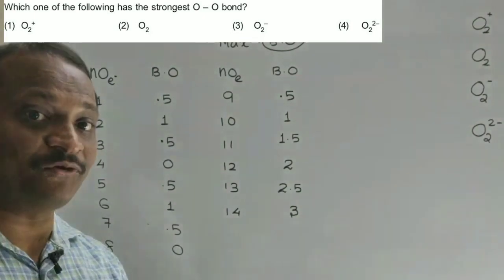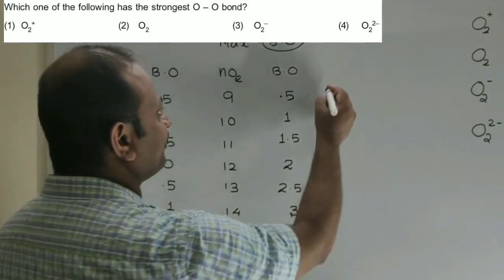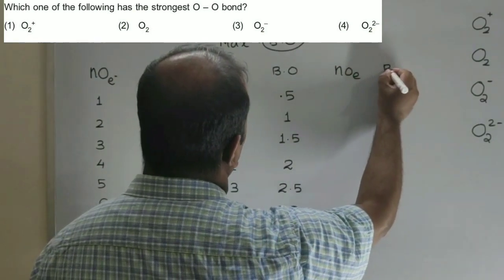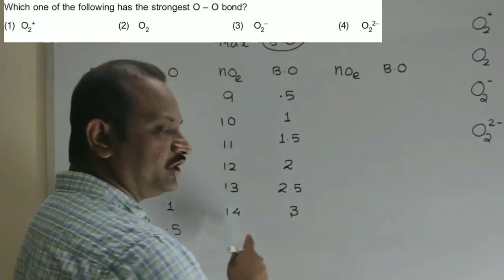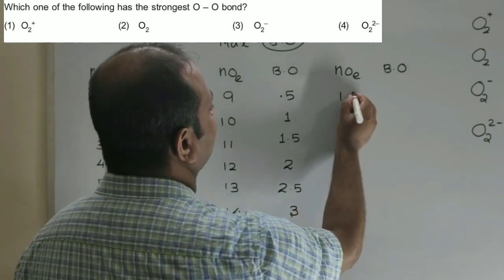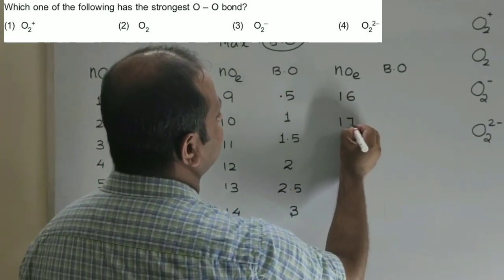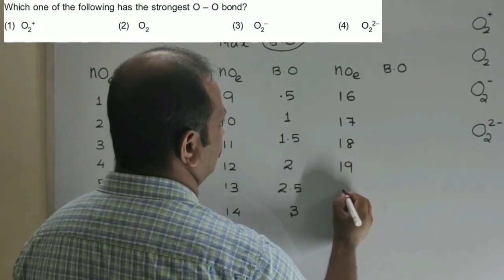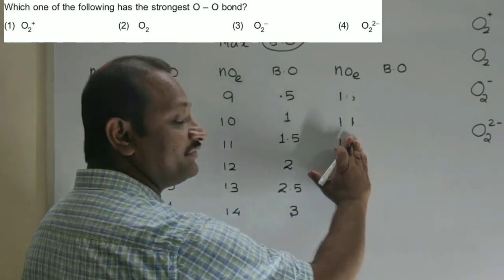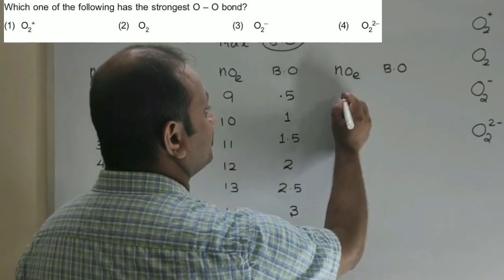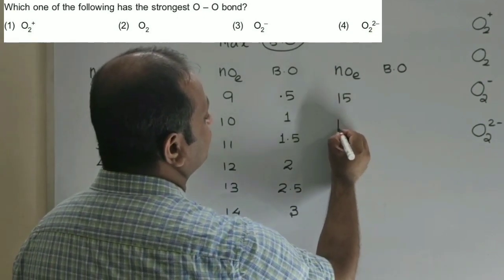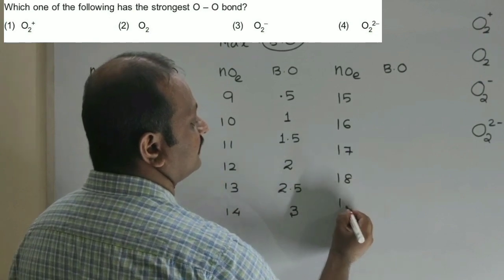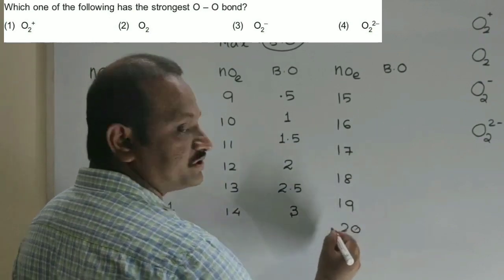And now after 14, what to do? I am writing that also: number of electrons and bond order. Here 14, 16, 17, 18, 19. I forgot to write 15. So we have 15, 16, 17, 18, 19, 20.